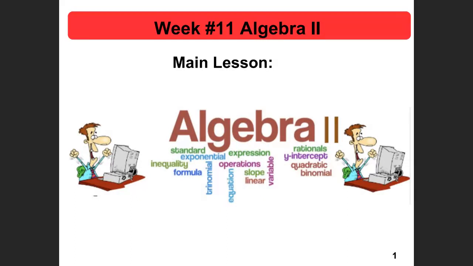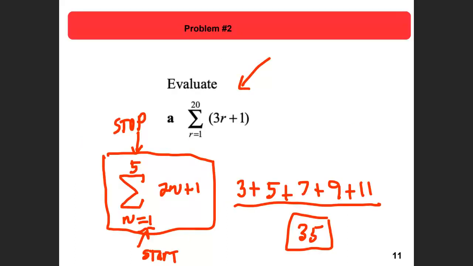I got the wrong file. Where is the right file here? Shoot, week 11, main lesson. All right, let me see if that's the right one. Okay, whew. All right, so we were down. Where were we? We were here. Okay, and there it is.